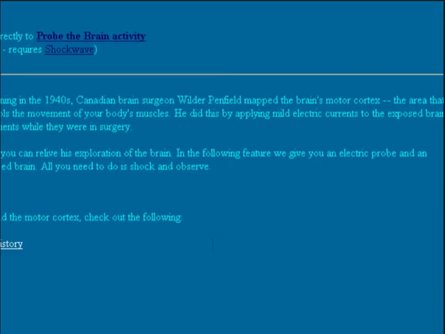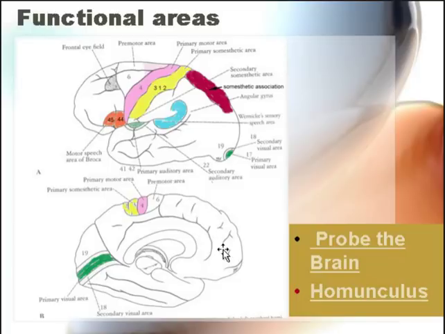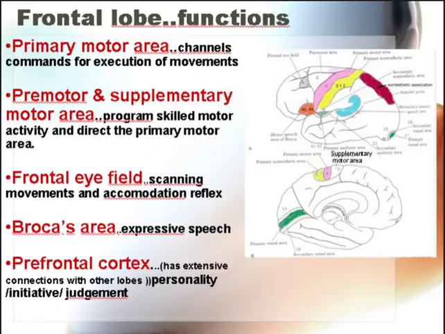Now let's go to the functions of the various lobes. First we're going to look at the frontal lobe, and these are some of its main functions. First, it is important because it is responsible for motor function. The primary motor area, which, remember I told you, was Brodmann's area 4, is the one that channels commands for execution of movement.